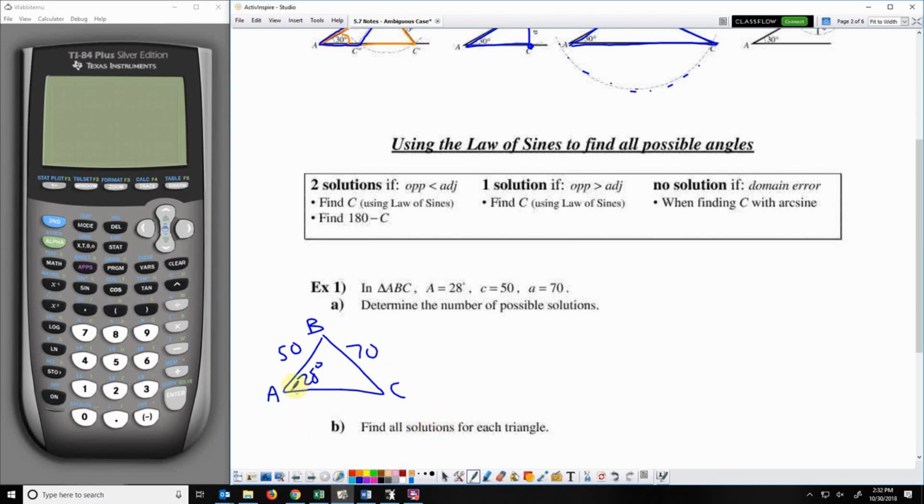We're going to compare from this 28 degree angle, the opposite compared to the adjacent. From this angle, opposite is 70, the adjacent is 50, so the opposite is greater than the adjacent. When opposite is greater than the adjacent, that tells me there is one possible solution.